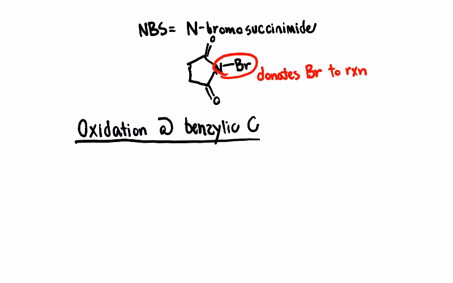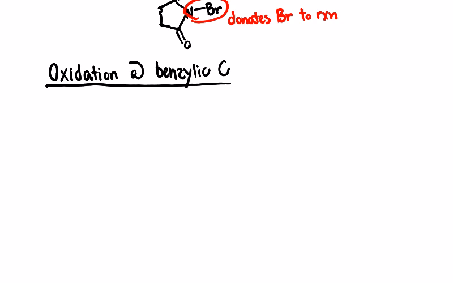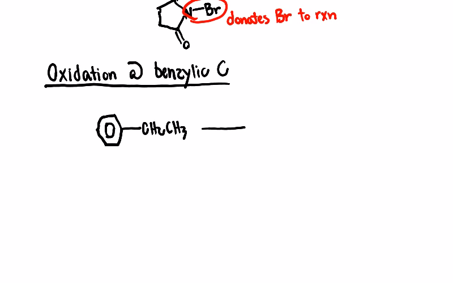So oxidation of the benzylic carbon, what's going to happen here is that if we take any organic molecule, so I'm just going to start with ethyl benzene, and I'm just going to put O in brackets here to denote oxidation, because there's going to be many different oxidizing agents that we can use here, and so for now I'm just keeping it general.